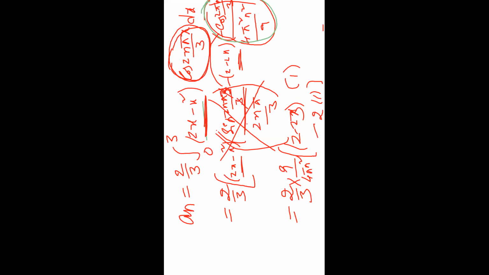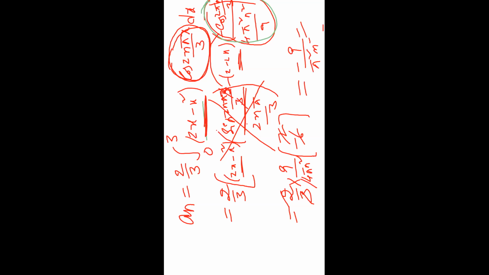So here 2 into 3 is 6, minus 4 minus 2, that equals minus 6. This is in 2 times, minus 2 into 2 cancel. Finally, minus 9 by pi square n square. This is called the an value.